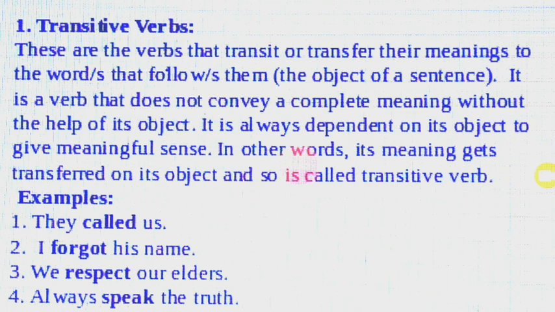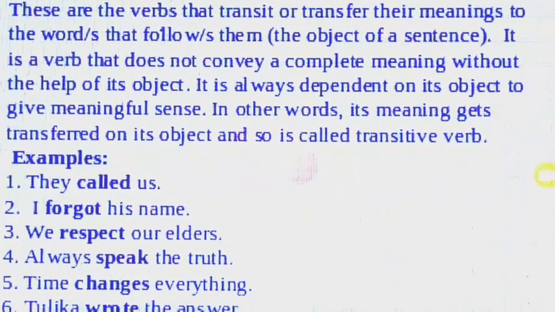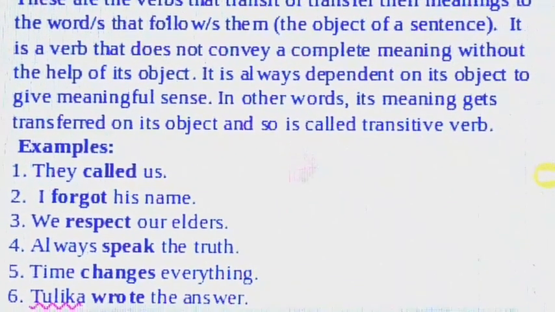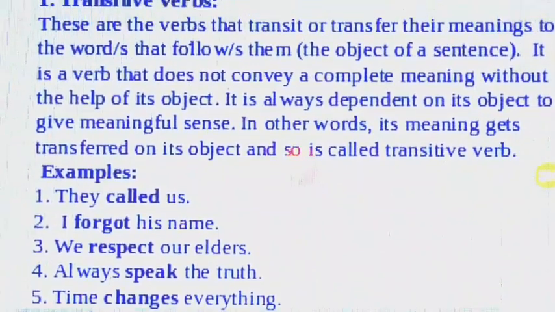It is a verb that does not convey a complete meaning without the help of its object. It is always dependent on its object to give meaningful change. In other words, its meaning gets transferred to its object and so is called transitive verbs.